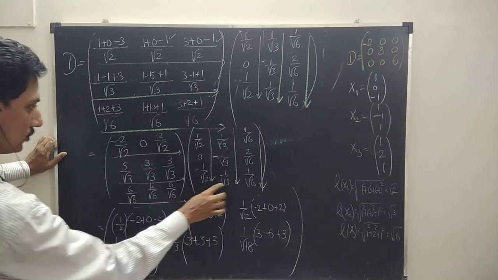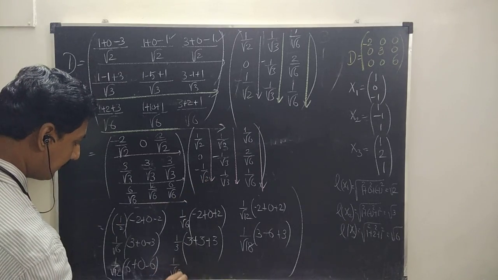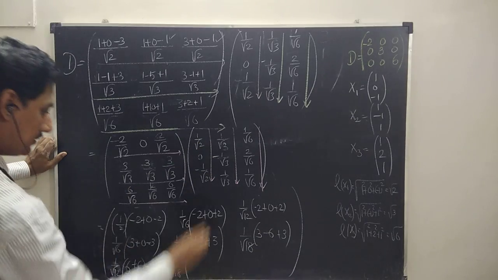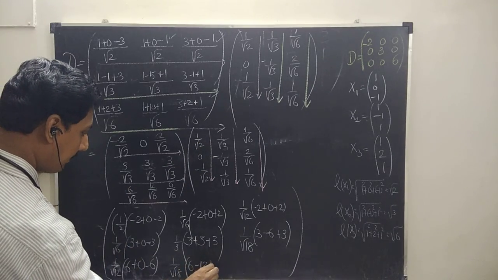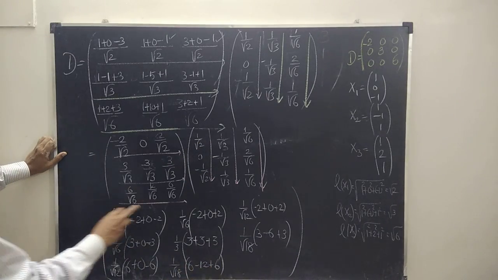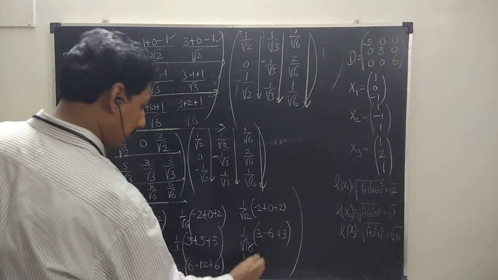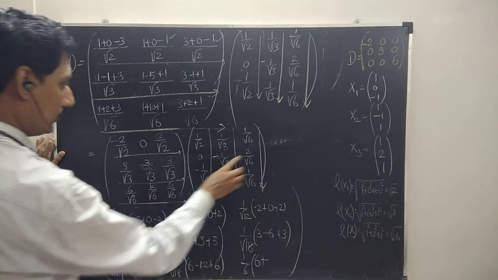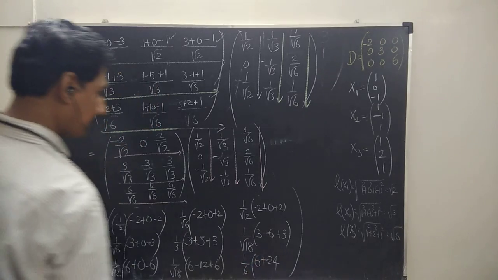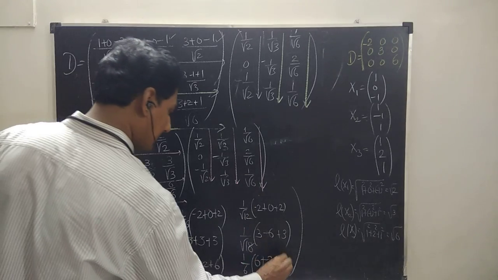Then root 6 into root 3, 1 by root 18. 6 into 1 is 6 minus 12 plus 6. And what about the last one? Root 6 into root 6 is 6, 1 by 6. 6 into 1 is 6 plus 12 into 2 is 24. 6 into 1 is 6.